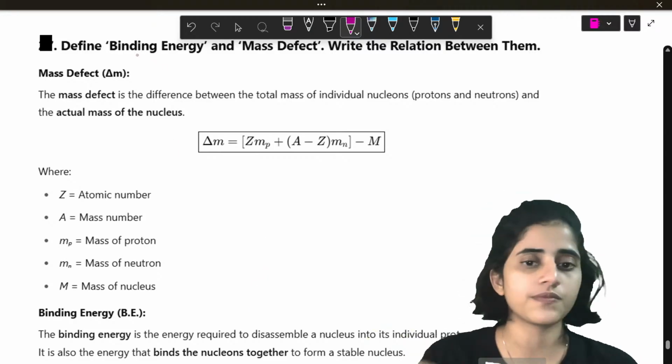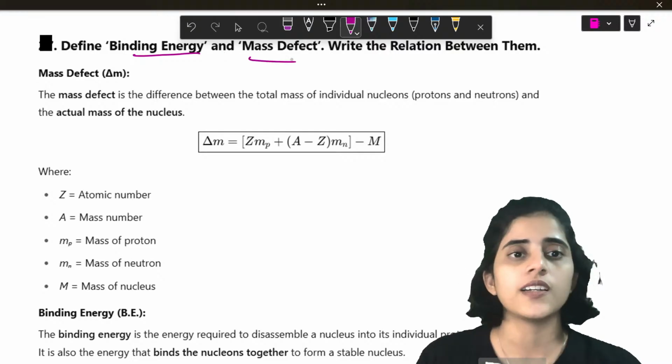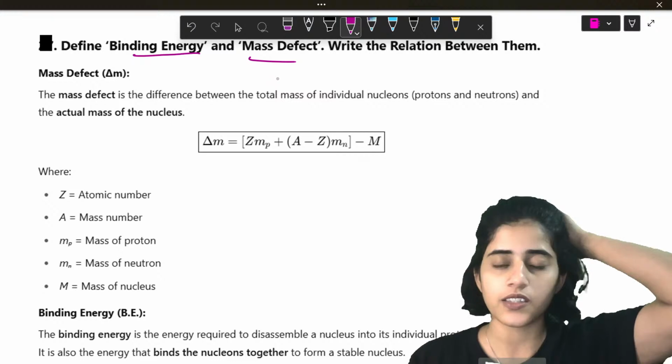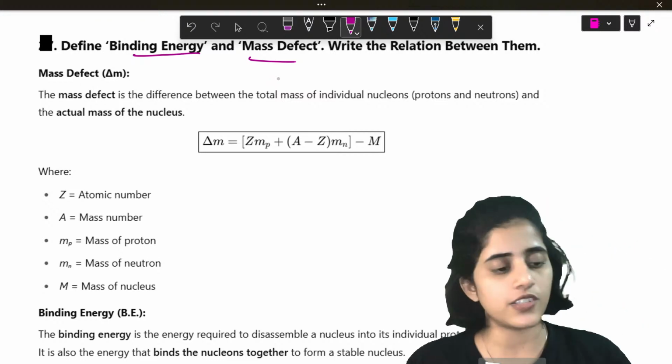Next is binding energy and mass defect. The relation between binding energy and mass defect.